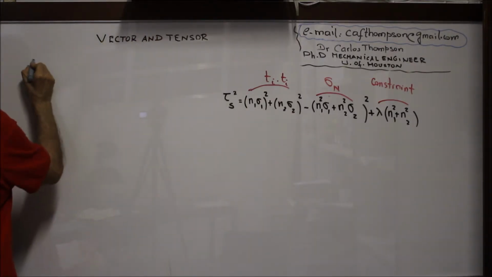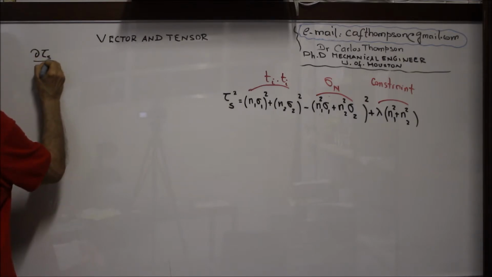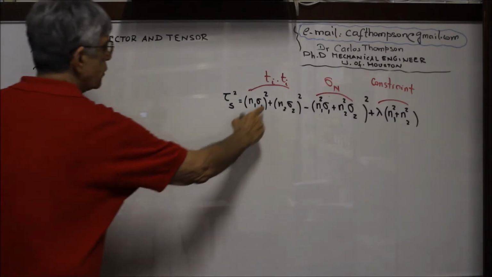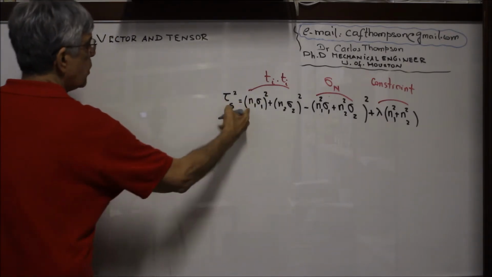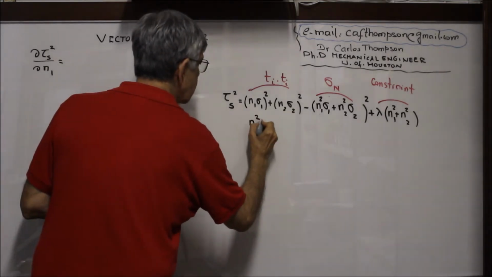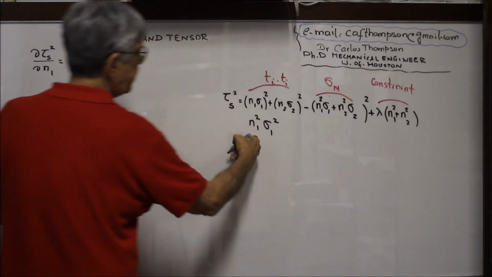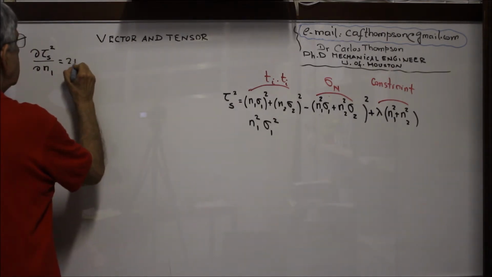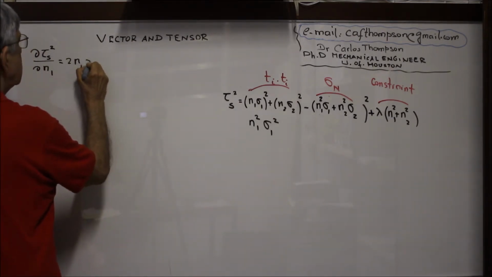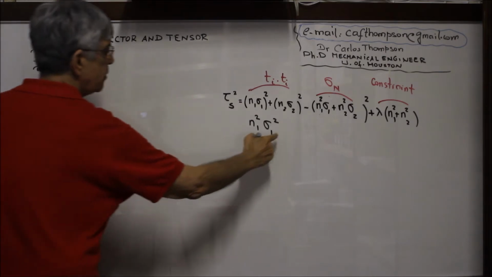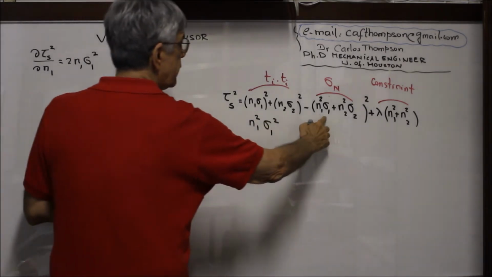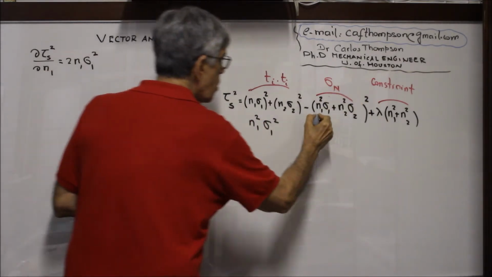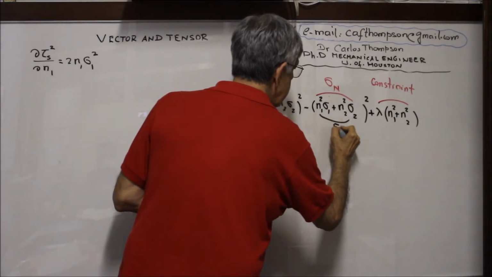Now, the partial derivative of tau s square with respect to n1 is equal to 2 n1 sigma 1 square, because sigma 1 square is constant. This is 0. And let's call this here e.